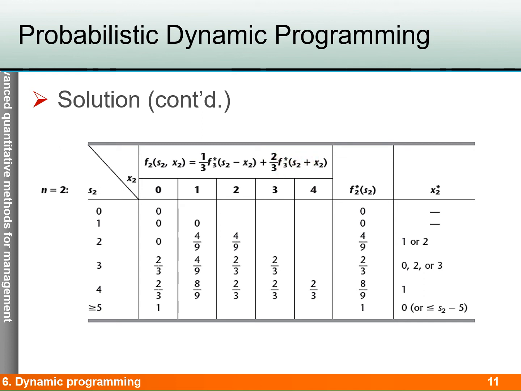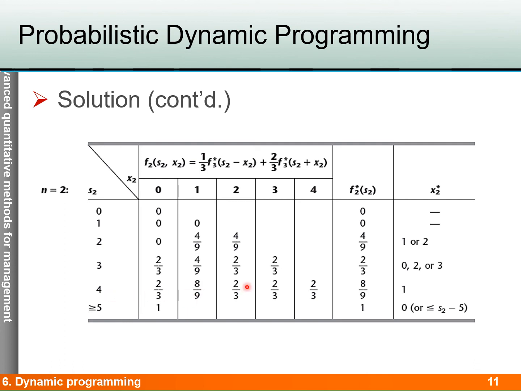So f3 star of 5 is 1. So it's 2/3 this part, and this part is 1 divided by 3 f3 star of 3. 4 minus 1 is 3, so 2/3 multiplied by 1/3 is 2 divided by 9, plus 6 divided by 9, that is 8 divided by 9. If you calculate this formula, it is really easily obtained. So the other items can be calculated from this side as well.